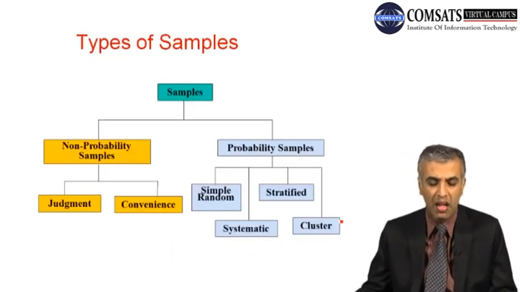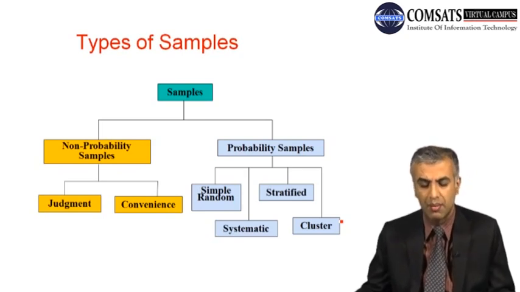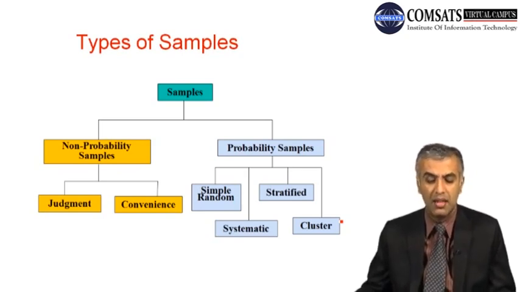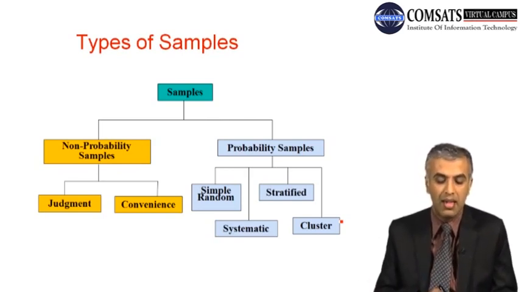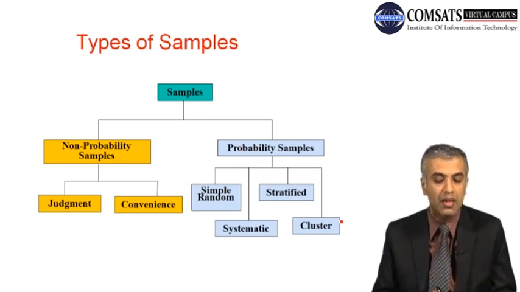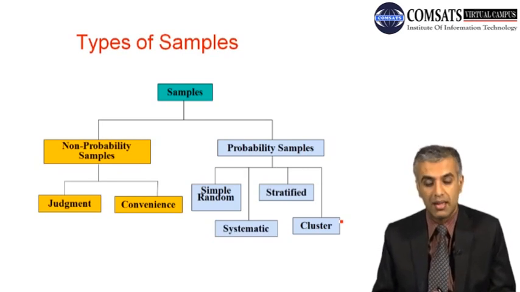After that we had a discussion on the different types of sample, and as you can see there are two primary types. One is non-probability samples, and the other is probability samples. Here you can see the judgment one, in which the sample is selected based on judgment, and then we have convenience sampling.